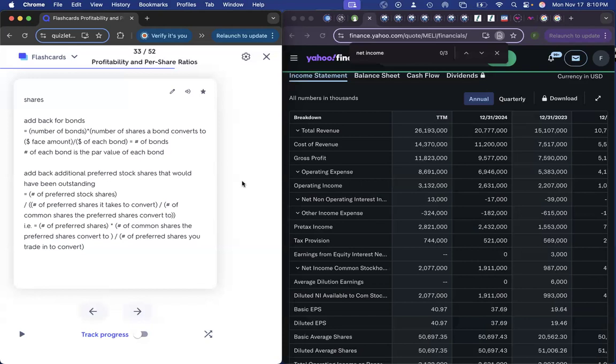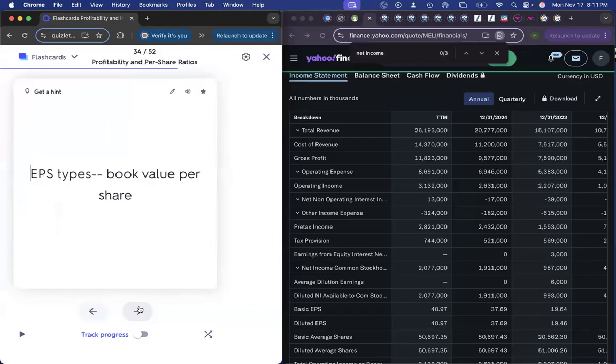So instead of having number of preferred stock shares over a fraction, you can just multiply and flip it: the number of preferred shares times the number of common shares the preferred shares convert to, divided by the number of preferred shares you trade in to convert. So that would be the number of preferred shares times 2 divided by 5, for example.